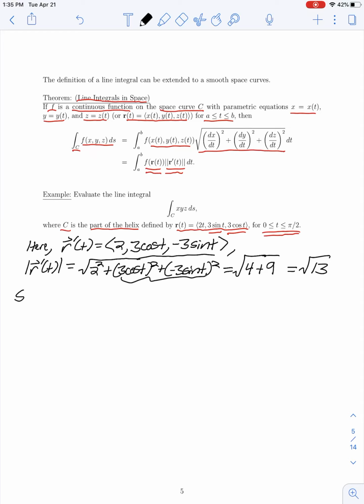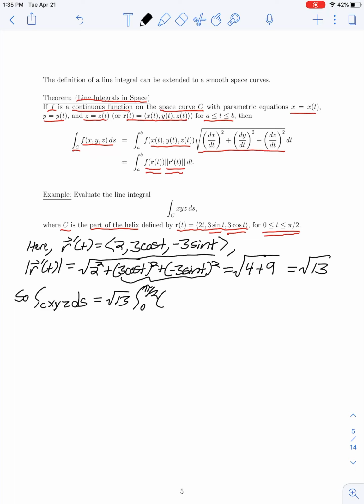So let's set up our line integral as an integral in terms of t. Here we could pull out the constant square root of 13 that we pick up from the magnitude of r prime, and we're integrating over the t interval from 0 to pi over 2. That was given in the problem statement. And the function that we're integrating is x times y times z.